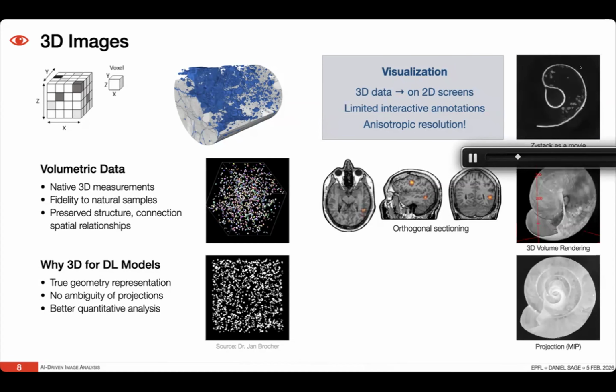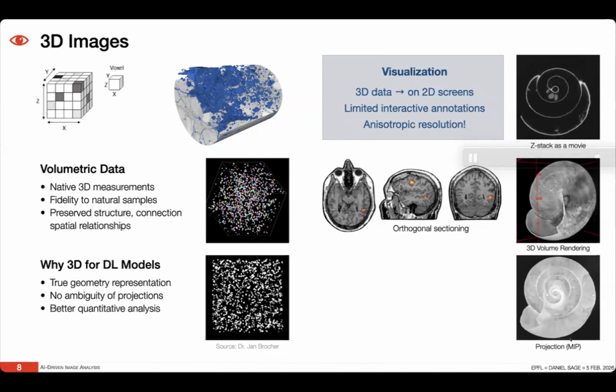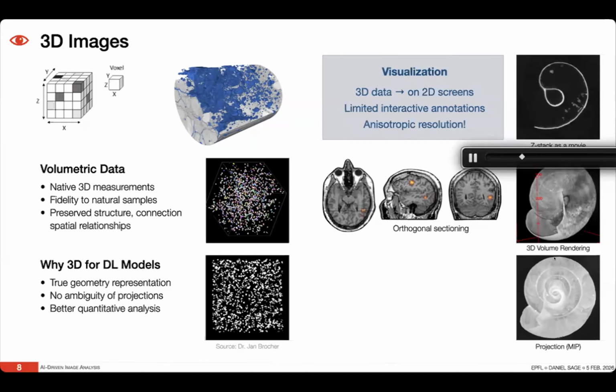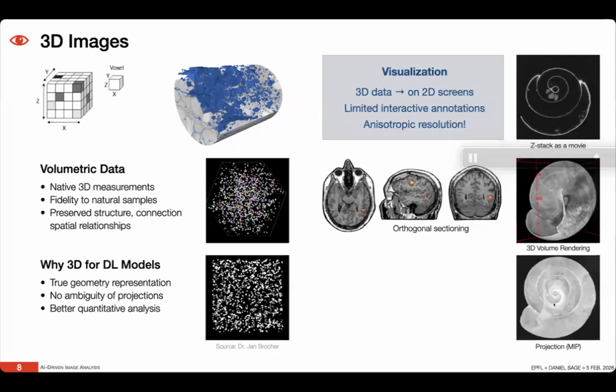Here we have a nice micro CT scan of a snail, and you can see the Z direction in time, creating a movie, or you can make a maximum intensity projection. So you project and you see here, because the object is pretty white, it's easy to guess the shape of the object. So you have to find some tricks to make the visualization of 3D data possible.